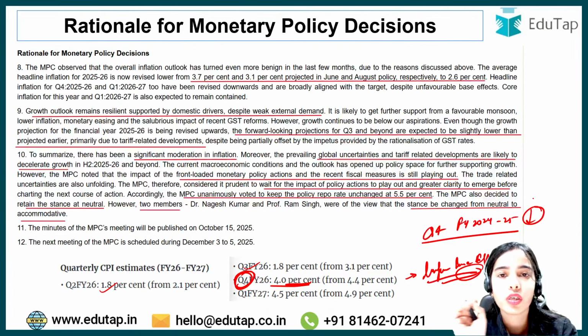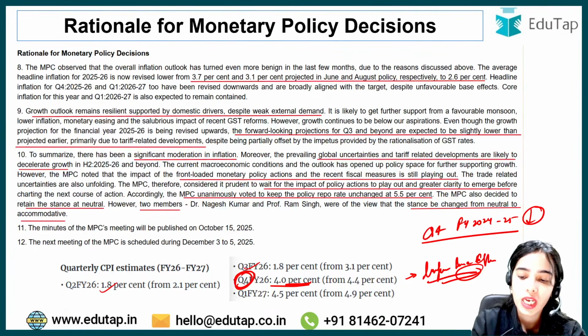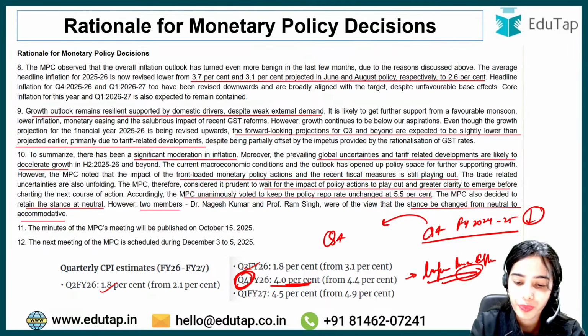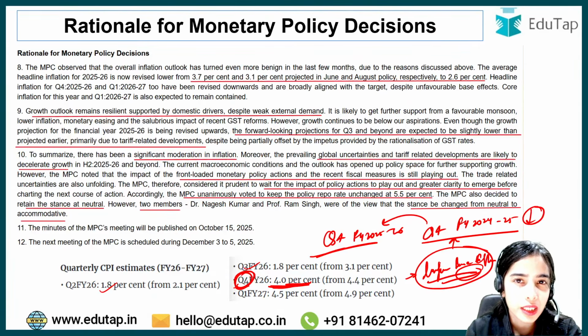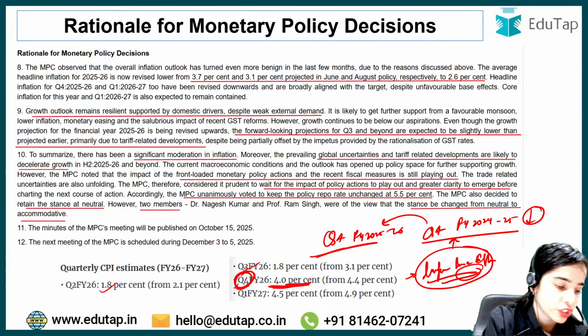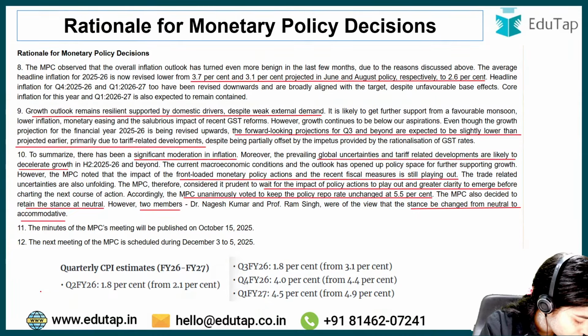In quarter 4 of the previous year, the CPI inflation was very low. If we compare it with the current quarter 4 of financial year 2025-26, because of the unfavorable base effect, the inflation is seemingly a little higher, but still the prices will not increase much. This is the idea. Any confusion?